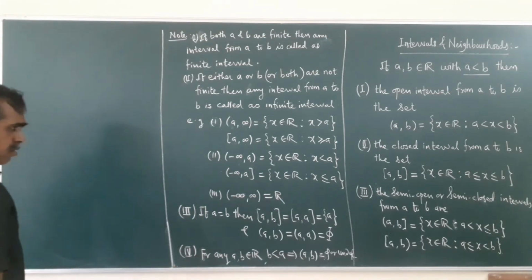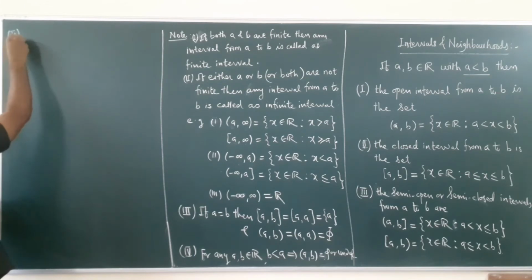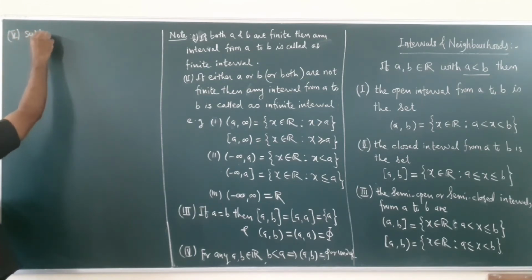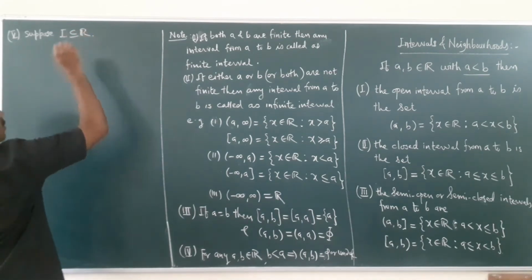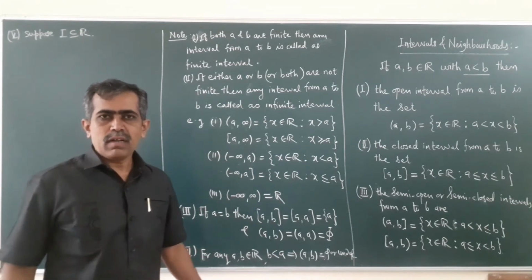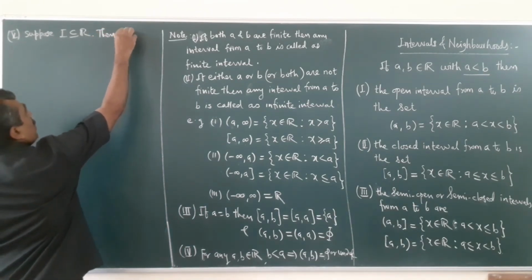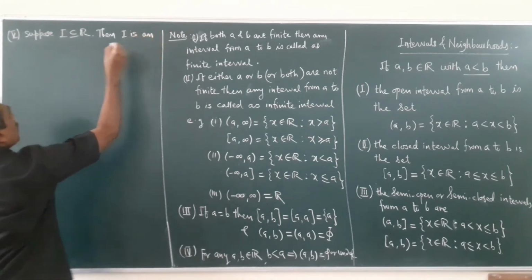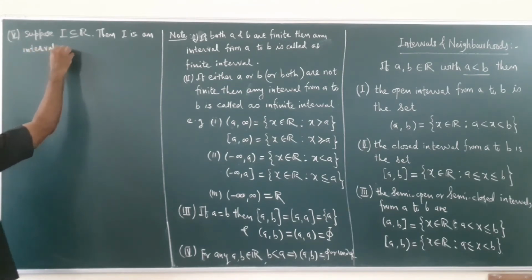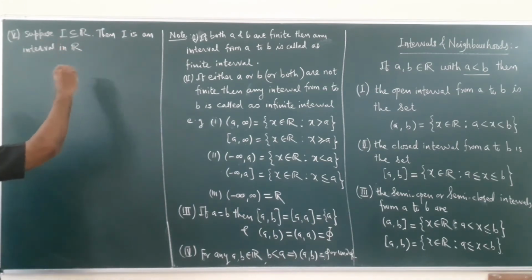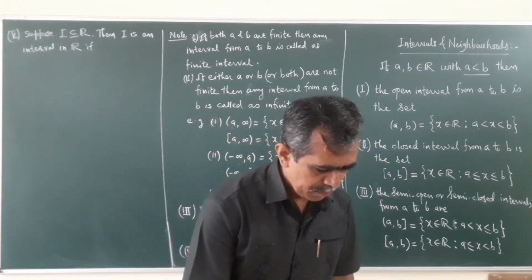Now see one more thing, note number 5. Suppose I is a subset of R. I consider any subset of R. Then it will be an interval if and only if, I is an interval in R, maybe open or maybe closed. When will this be an interval?